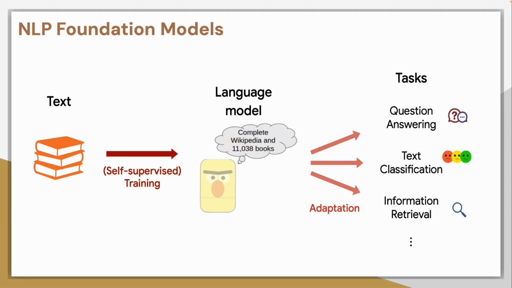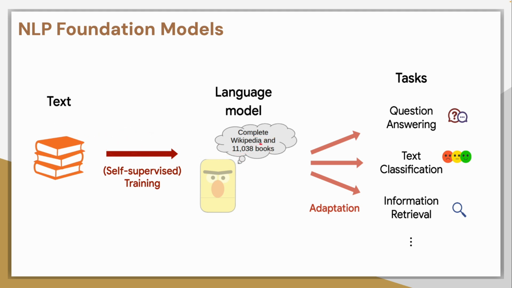What exactly is self-supervised training? We'll look at it in the coming videos. But for now, just understand that it is as simple as predicting the next word. You need not label any data. You have a book, and depending on the words it has seen so far, it needs to predict the next word. That's it. That is as simple as that. That is the target of this model. Just next word prediction.